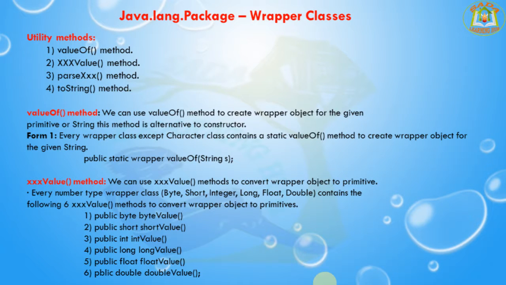Now next I'm going to discuss some of the utility methods in the wrapper classes. First one, the valueOf method. We can use the valueOf method to create wrapper objects for the given primitives or strings. This method is an alternative to the constructors.